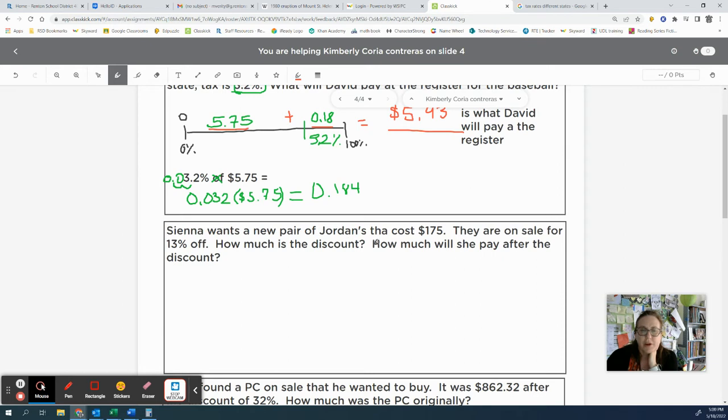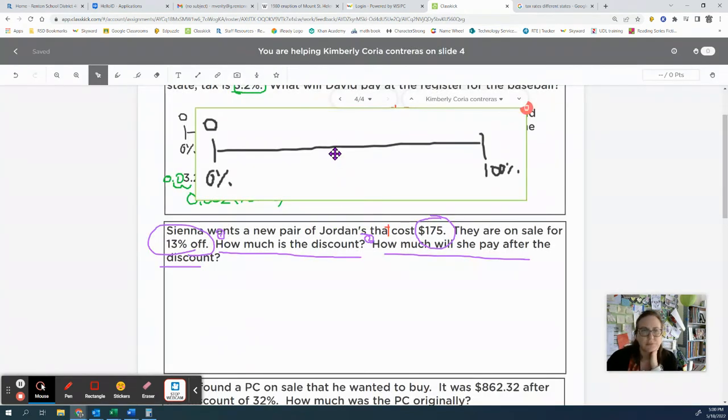Sienna wants a new pair of Jordans that cost $175. They are on sale for 13% off. How much is the discount? So there's one question. And how much will she pay after the discount? There's a second question. Okay, so we got our model.